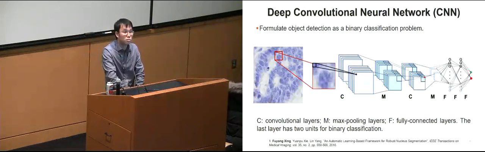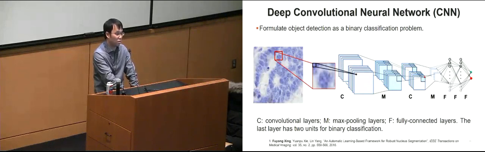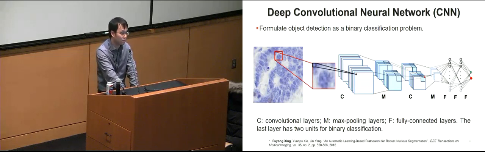We use 2 convolutional, 2 mixed pooling, and then 3 fully connected layers. And the final layer, we only have 2 units because we do binary classification. After we do 2 convolutional and 2 mixed pooling operations, we found that the feature map already has a very small size. So we choose to use 3 fully connected layers to learn more high-level representations for classification.